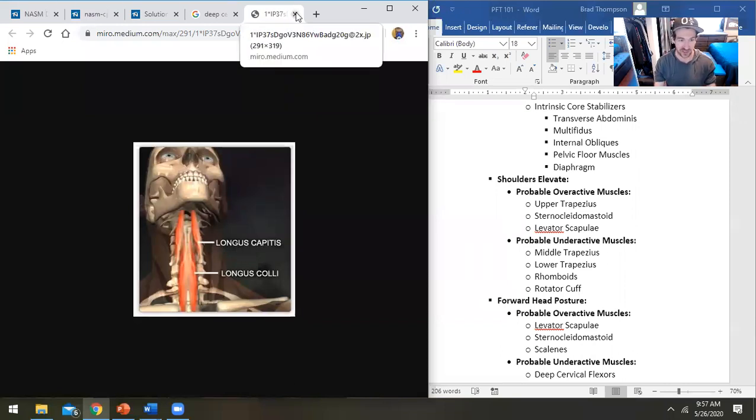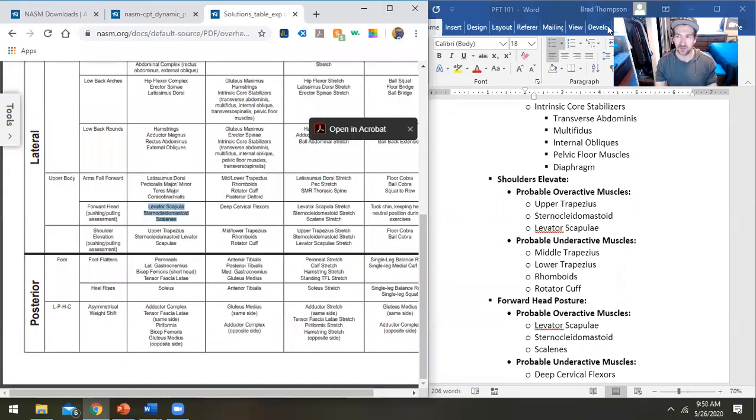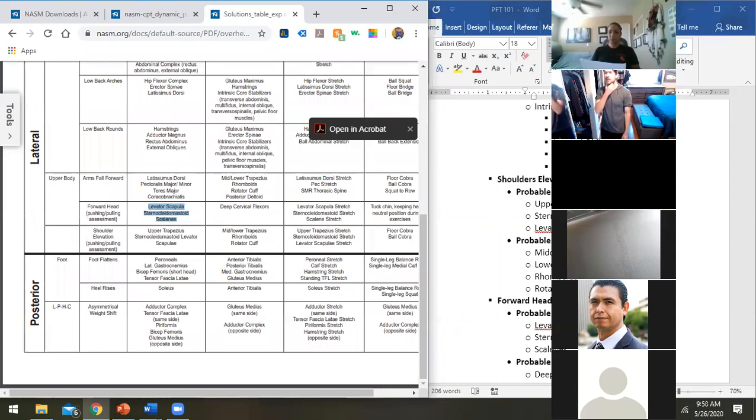Both of those run the entire length there. Now, this one sometimes gets surprising because people are like, wait a minute. These muscles on the front of the neck are underactive when I pull to the front too much? That sometimes seems kind of weird, right? Why would a muscle in the front, which would probably pull to the front, be underactive when I have too much of that anterior motion?